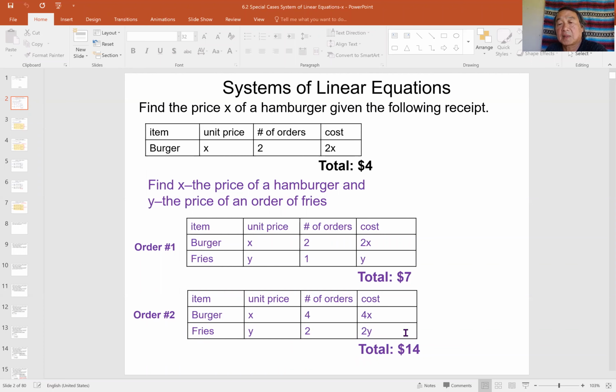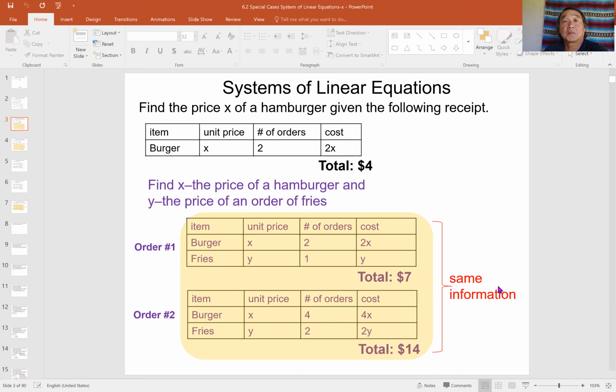The $7 becomes $14, 2 burgers becomes 4 burgers, 1 French fry becomes 2 French fries. In other words, these 2 pieces of information are the same, so I cannot use these 2 receipts to backtrack the x and y's. The second piece of information is useless. One of them is useless.